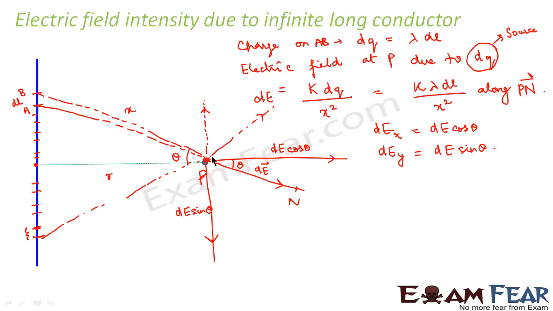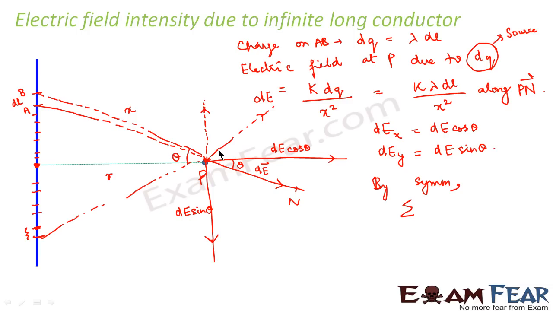So the dE sin theta will cancel out with this dE sin theta. That means for all the elements below the origin along the negative y-axis, their dE sin theta will cancel out with the dE sin theta of all the elements above the origin along the positive y-axis, right? I hope it is clear to you.